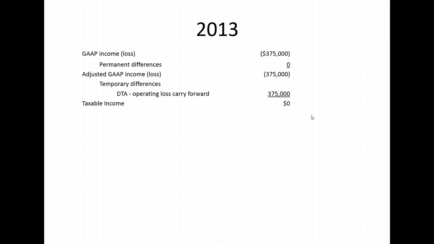Whatever our loss is for this year, we're going to add that back in our reconciliation. We're going to add that back, and that's going to create a deferred tax asset. In other words, we are not going to be paying any income taxes this year, but we will get the benefit of that loss in future periods.